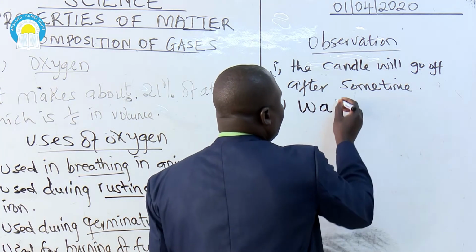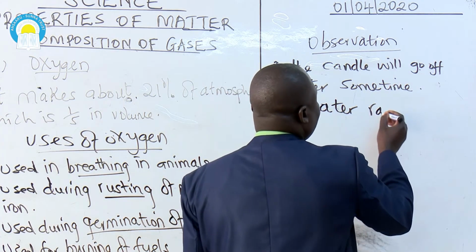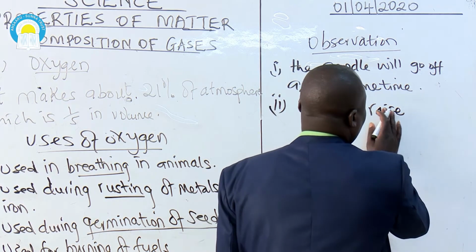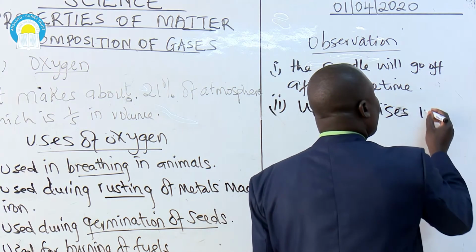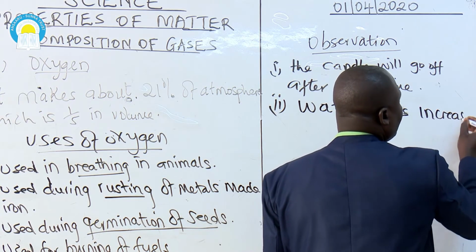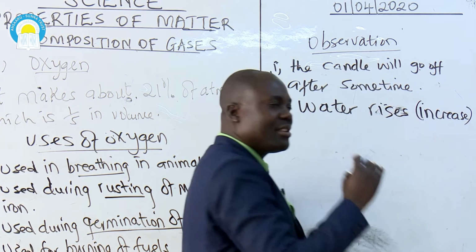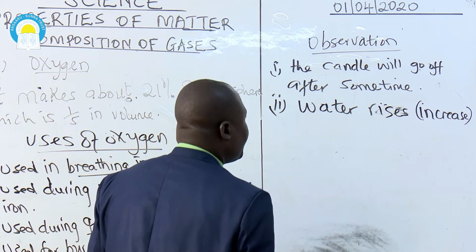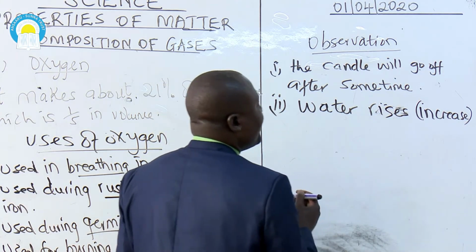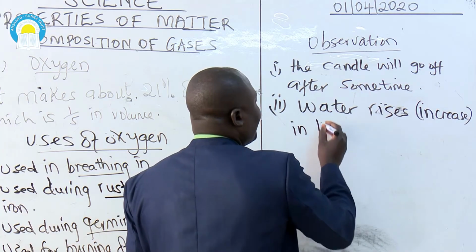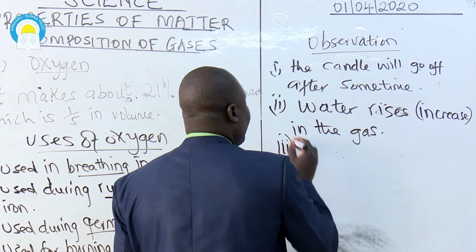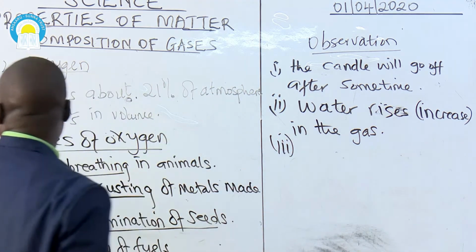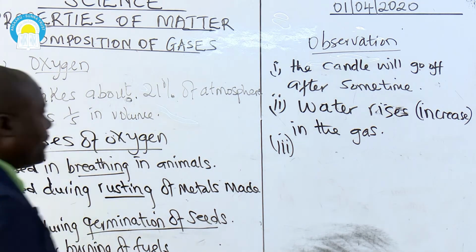Water rises or increases, or you can also say goes up, in the glass. That's number 2. Number 3, the water will decrease in the plate.